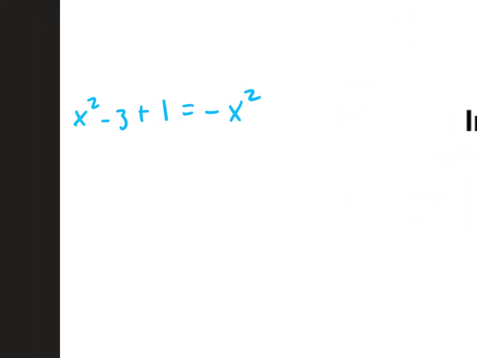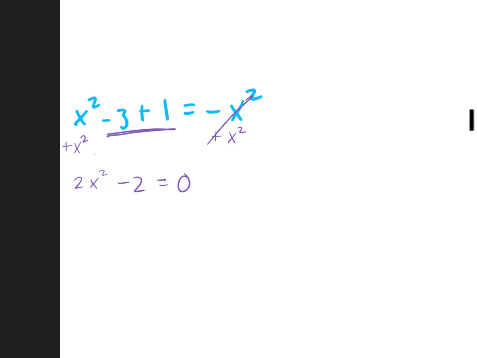And then from here, we can solve. What would I need to do to solve? Combine like terms. So I can add x squared to move it to the other side. What's x squared plus x squared? 2x squared. I can add these two together. So -3 plus 1 would be -2, and that's equal to 0.